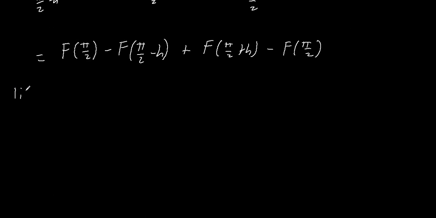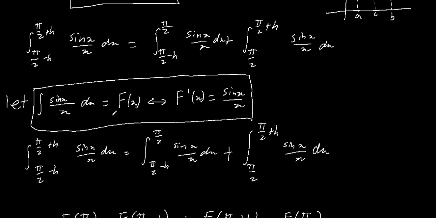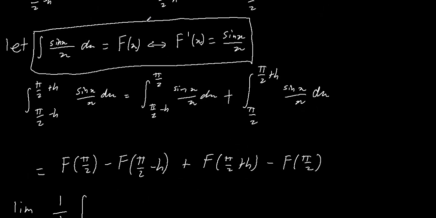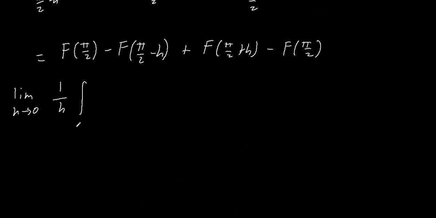Now if I take the limit as h approaches 0 of 1 over h times the same old integral that we got over here, from pi on 2 minus h to pi on 2 plus h of sine x on x dx, okay, we got this guy.